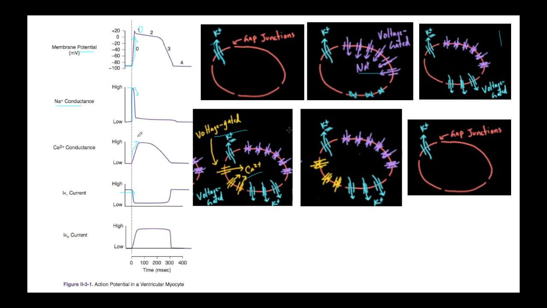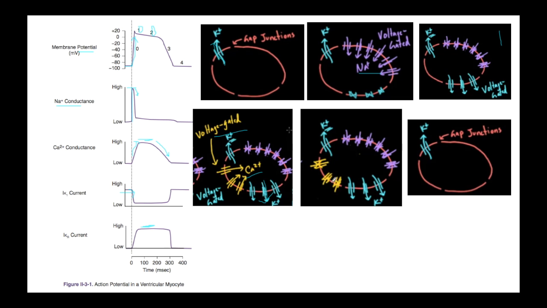A little bit of a delay, you can see here, that allows for this to drop before phase 2 takes over. And we have calcium coming in and potassium going out at the same time from these rectifying channels that give you the plateau before calcium loses its momentum.